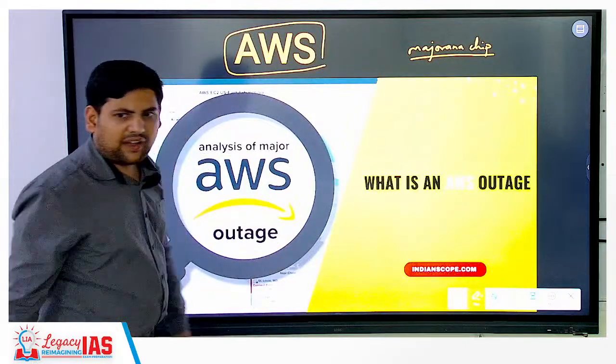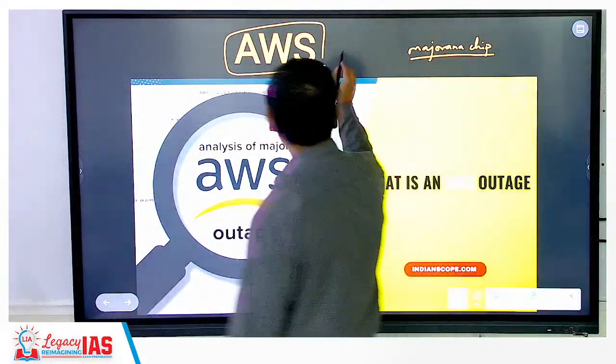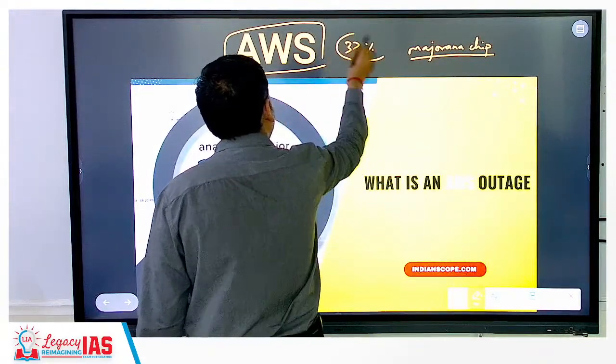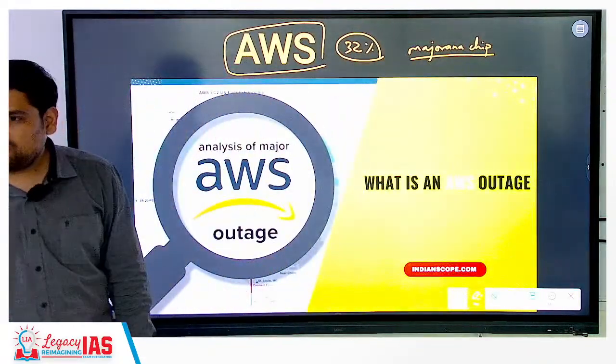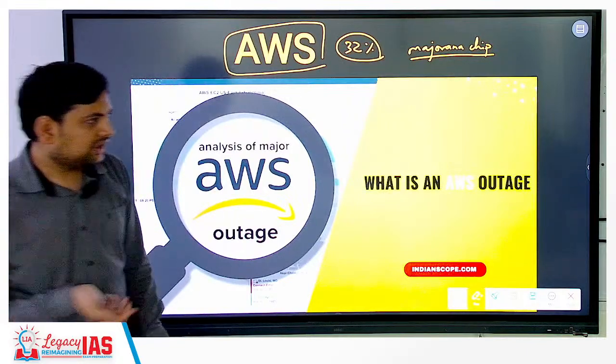First of all, see, almost 32% of the internet, whether apps or websites, is run on AWS systems. So there are the big three.